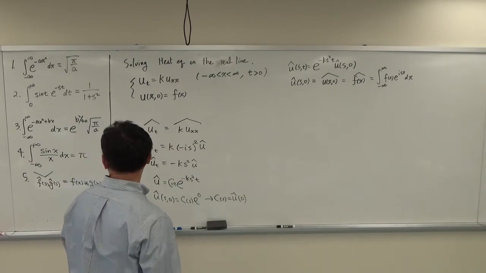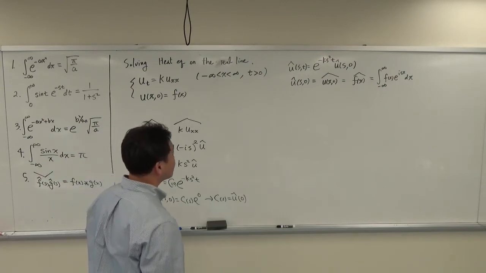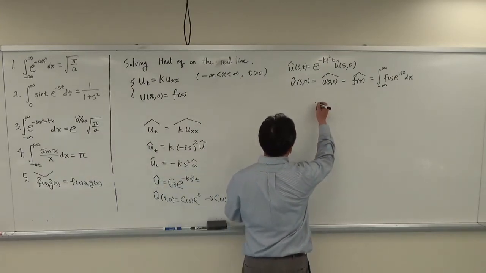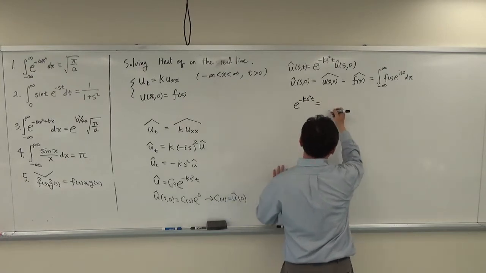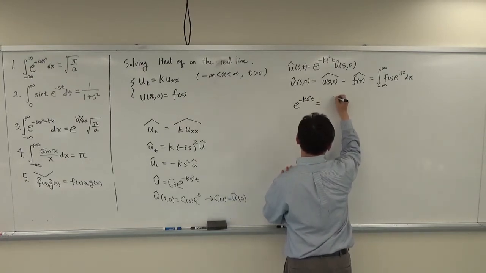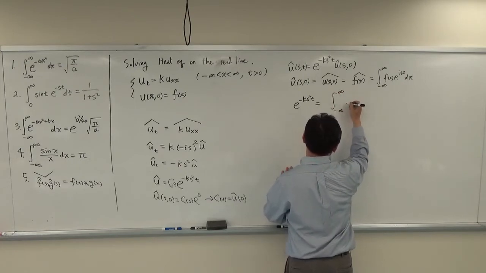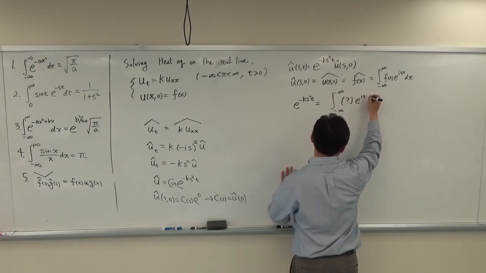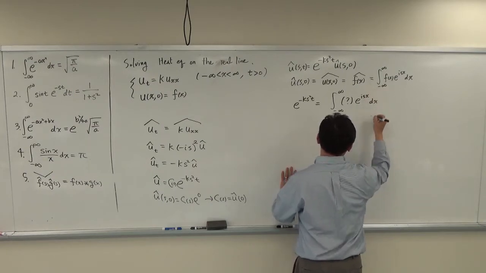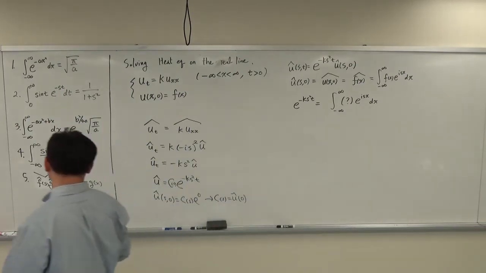But now here's what we are going to do. Since you have e to the negative k s squared t, I'm going to think of this as the Fourier transform of something. Because then I like this, because this is exactly this type.